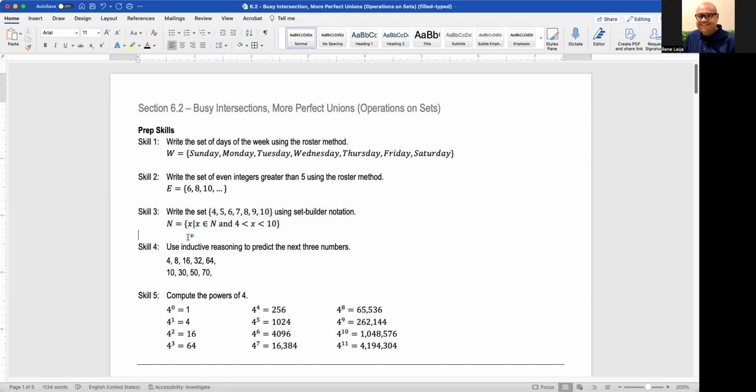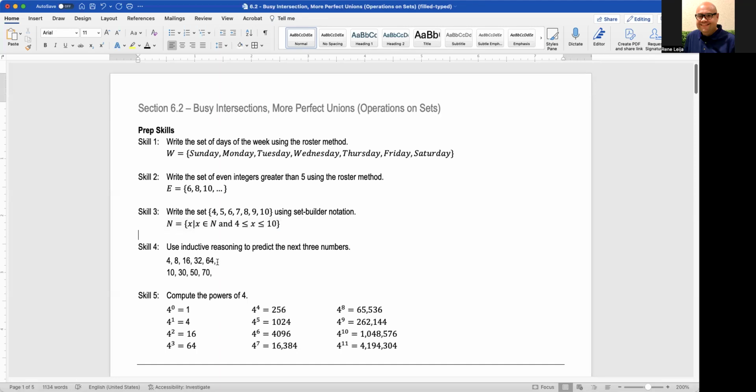So we identify that we're looking at the set of natural numbers, and then the elements: the set of all x such that x is an element of the natural numbers, and the value of x will fall between 4 and 10, and it does include them, that's why I had to change that to include the equal to. So we can let x equal 4, 5, 6, 7, 8, 9, and we can let x equal 10.